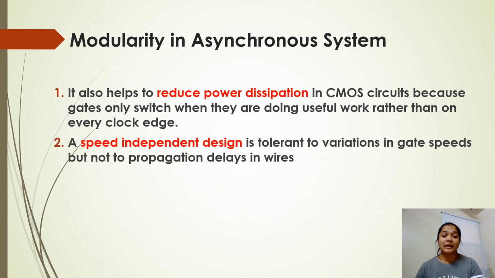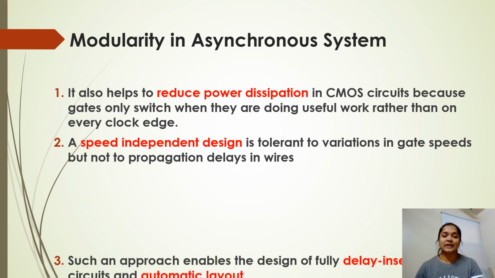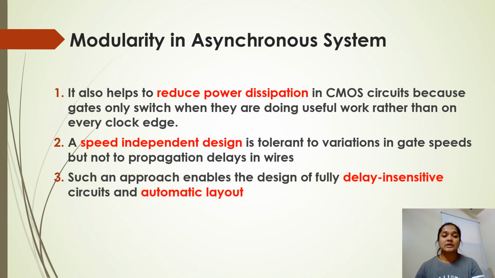A speed-independent design is tolerant to variations in gate speed, but not to propagation delay in a wire. Such an approach enables the design of fully delay-insensitive circuits and automatic layout.